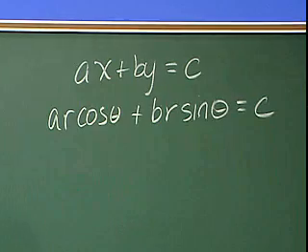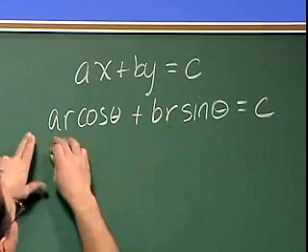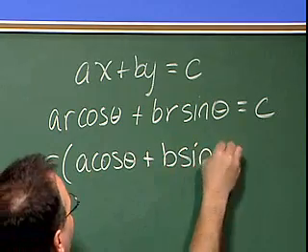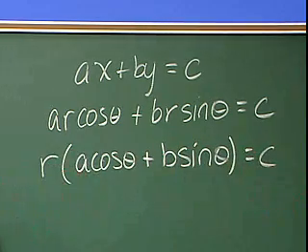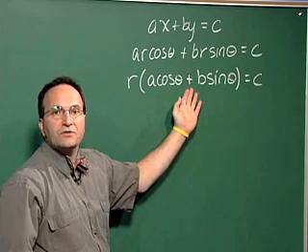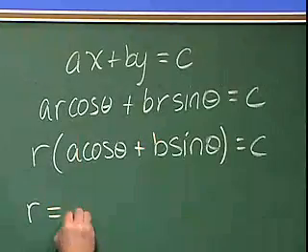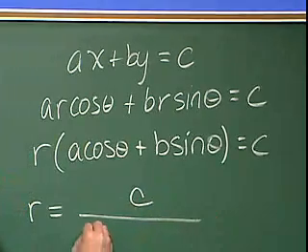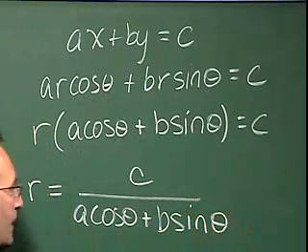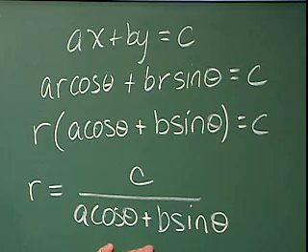And let us now solve for r, which means we factor r out from here, and we have r times a cosine theta plus b sine theta, and that equals c. And therefore, when we solve for r, we divide both sides by a cosine theta plus b sine theta, and we get the answer r equals c divided by a cosine theta plus b sine theta. And that is the polar form of a linear equation.